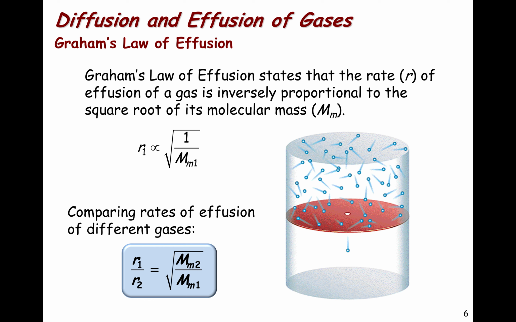And so we can write a relationship that describes the rate at which the effusion occurs for two different gases, as you see here. And of course, these rates are proportional to the root of the ratio of the molar masses.